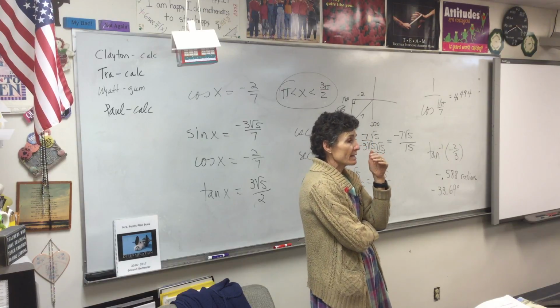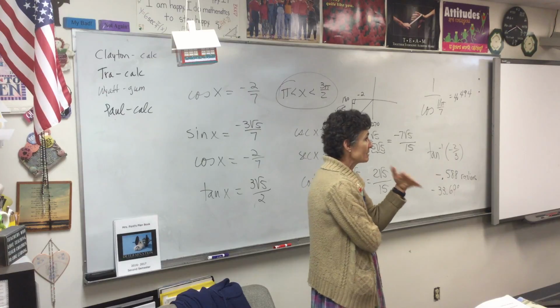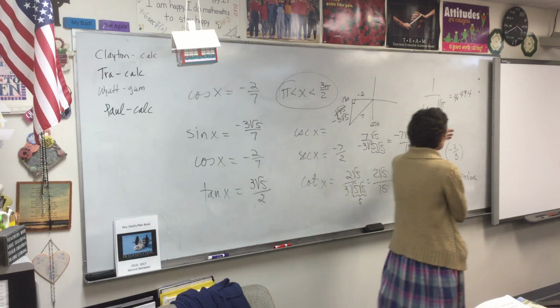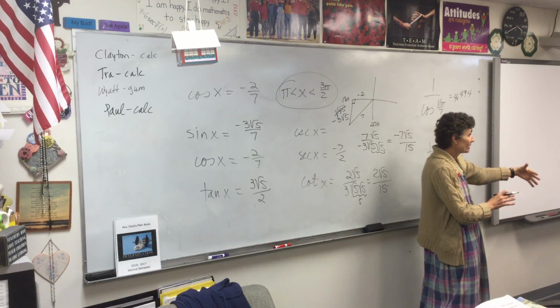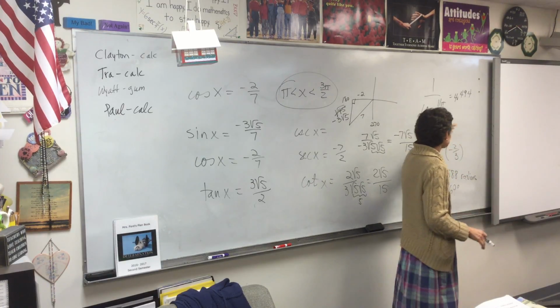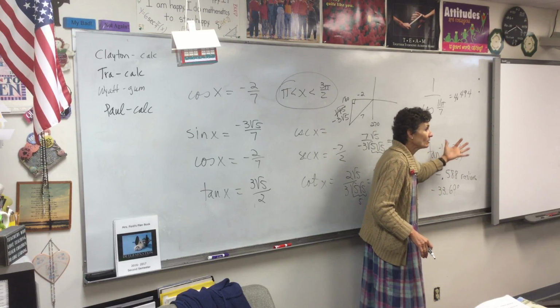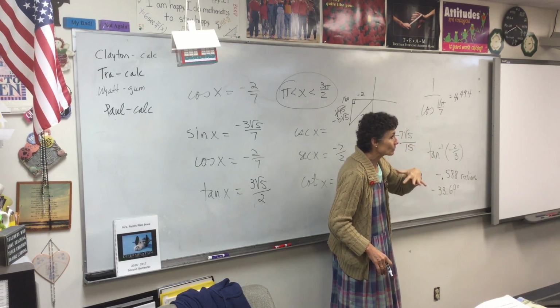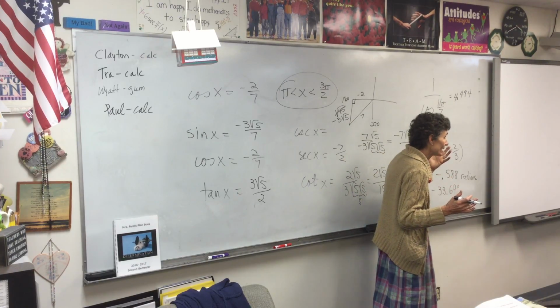If you are inputting an angle, you have to be in the mode of that angle. So when I was typing 11 pi over 7 into my calculator, it had to be in radians because that's a radian. But what's happening here? An angle is coming out. And it'll come out however you tell the calculator to have it come out.